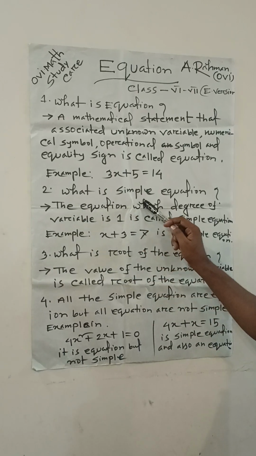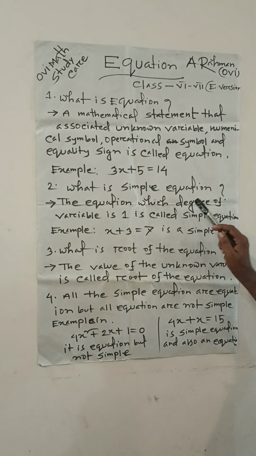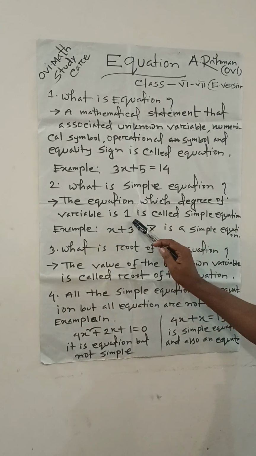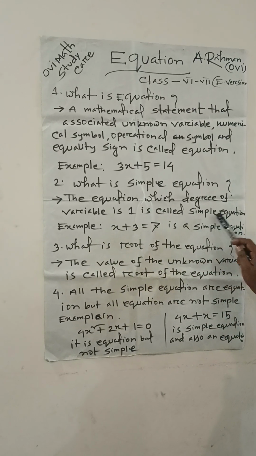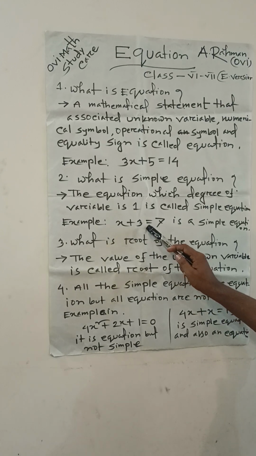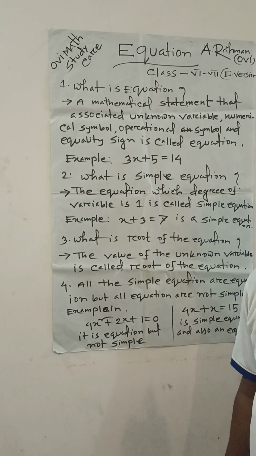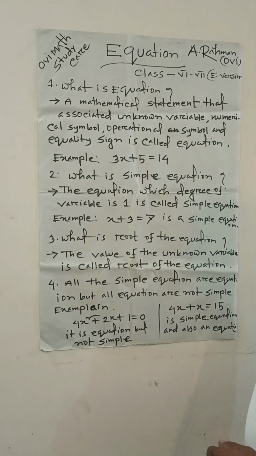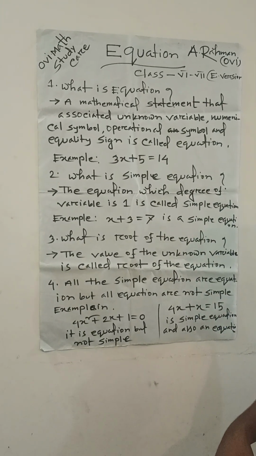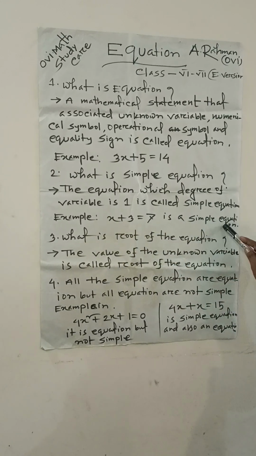The definition of simple equation: the equation whose degree of variable is 1 is called simple equation. Here example, x plus 3 equal to 7. Here degree of x is 1, so x plus 3 is equal to 7. It is simple equation.